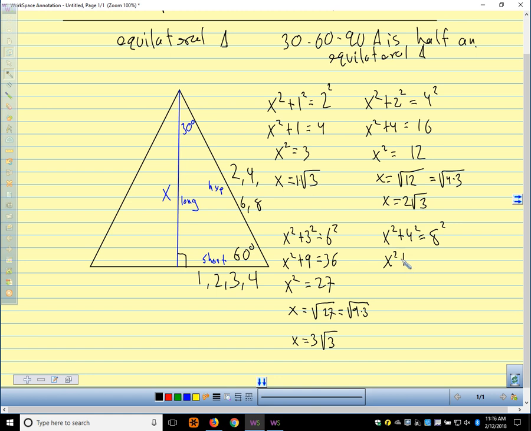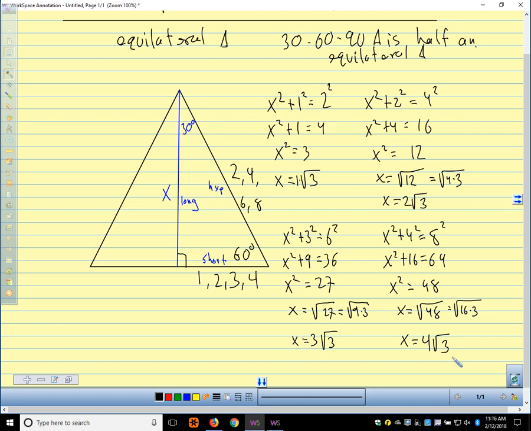So x squared plus 16 equals 64. Subtract 16, and I get 48. So x equals the square root of 48, which is 16 times 3. 4 square root 3.